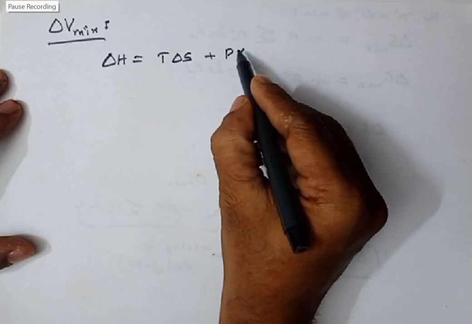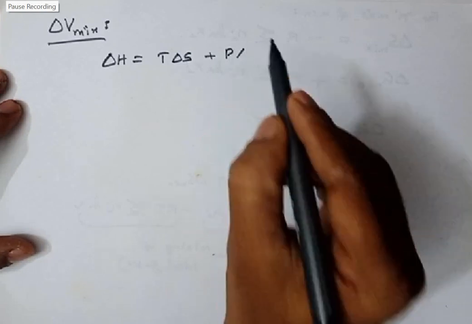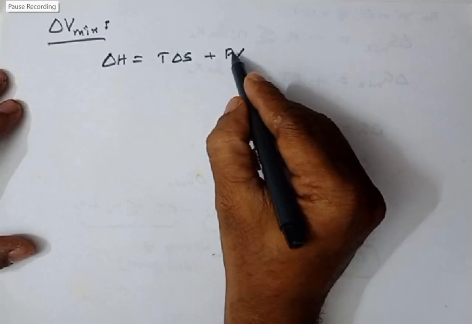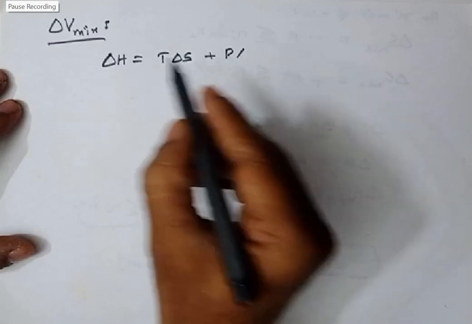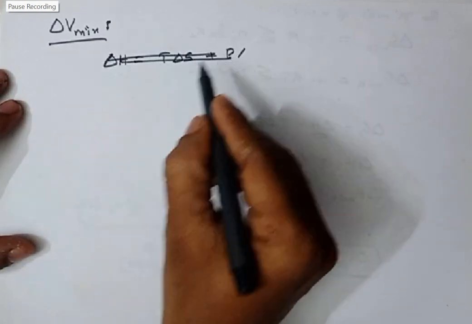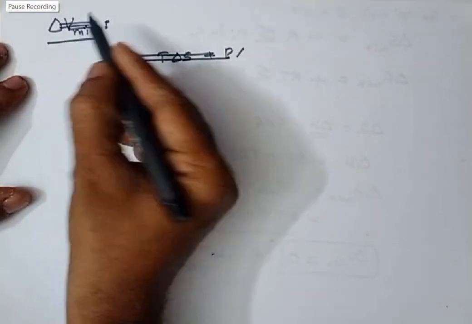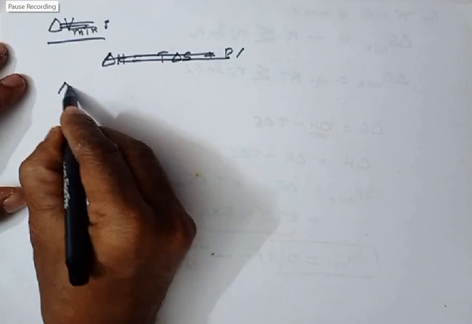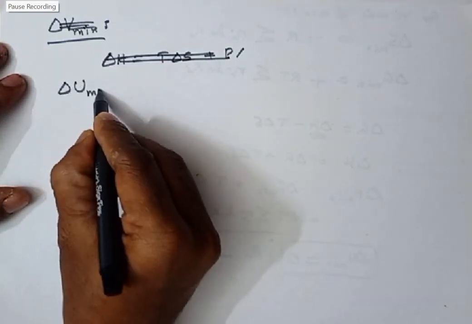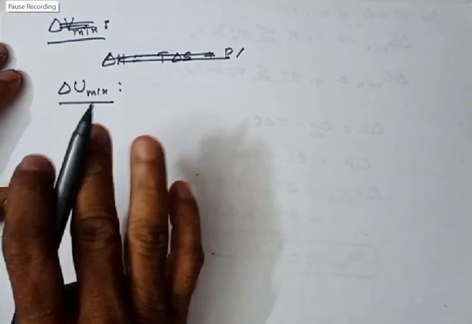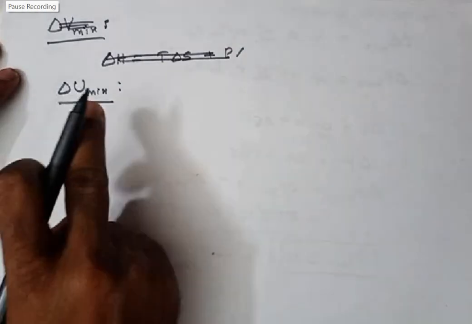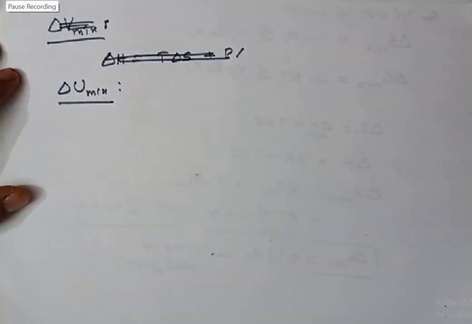I'm sorry, first I'll do for internal energy, then I'll come here. Change in internal energy of mixing. Enthalpy of mixing we discussed. Now we'll discuss change in internal energy of mixing. Once we found this, then we'll go to delta V mixing.